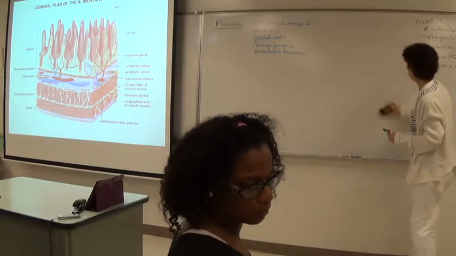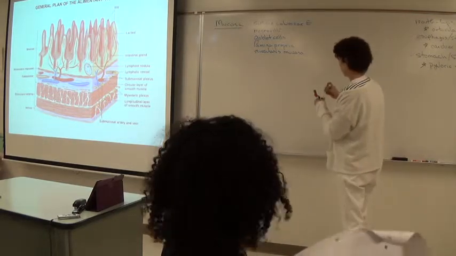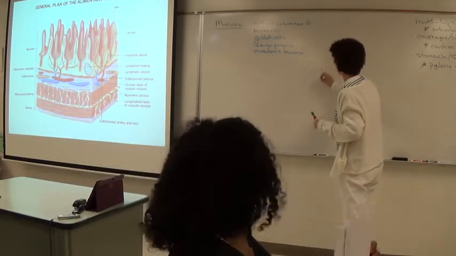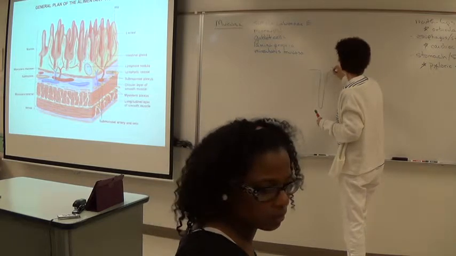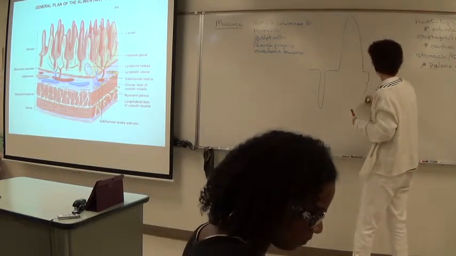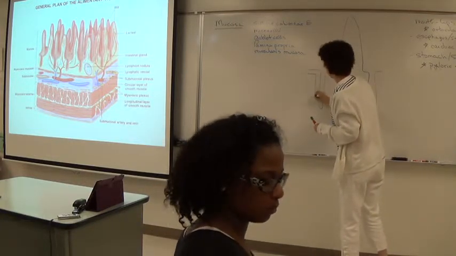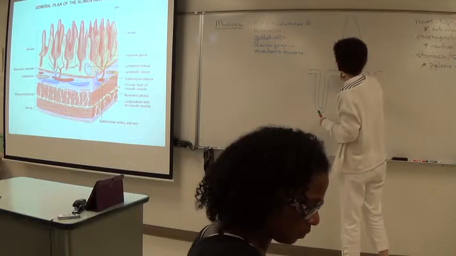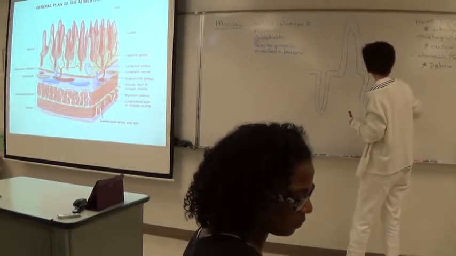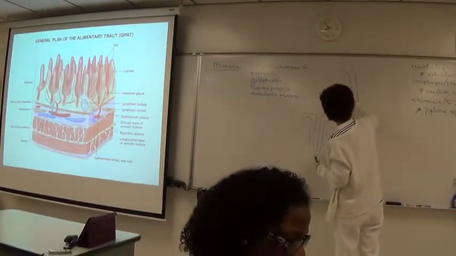So let's take a look at those intestinal villi. Simple columnar epithelium in the intestinal glands, with scattered goblet cells.